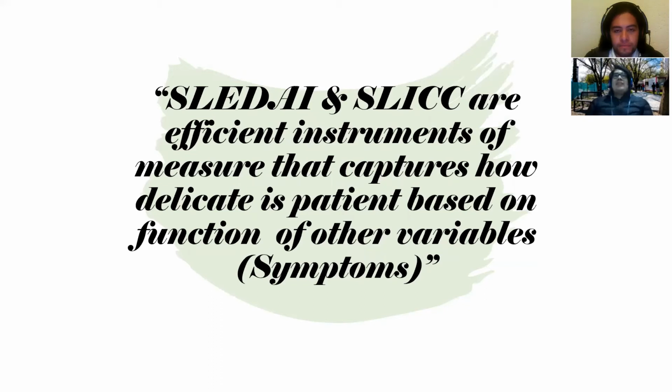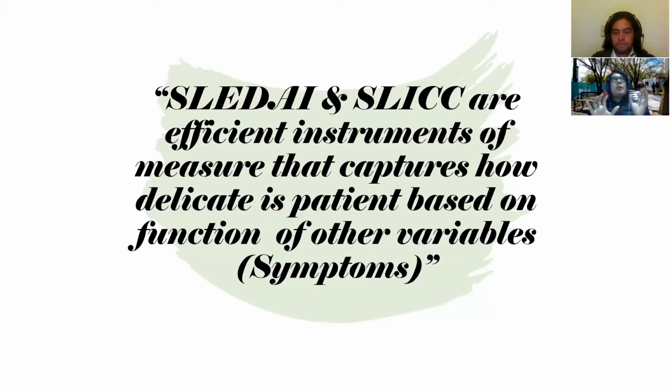SLEDAI and SLICC, which are the measurements that we saw previously, are efficient measurement instruments that capture how delicate a patient is based on other variables. As you remember, these functions are related to one specific group.